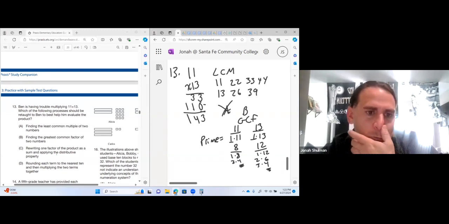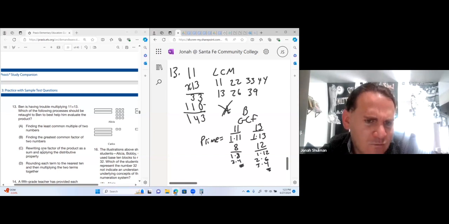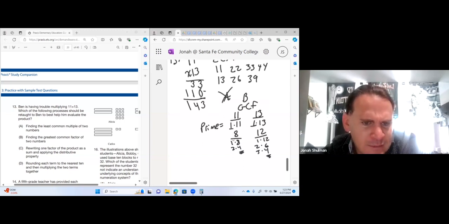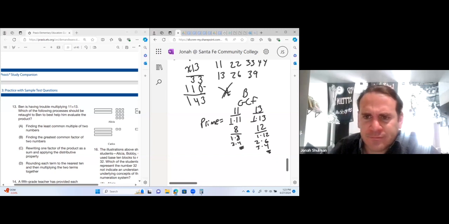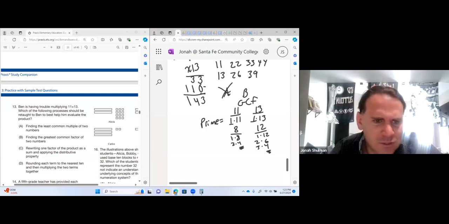All right, C. Rewriting one factor of the product as a sum and applying the distributive property. No. Okay, so what do they mean by this?